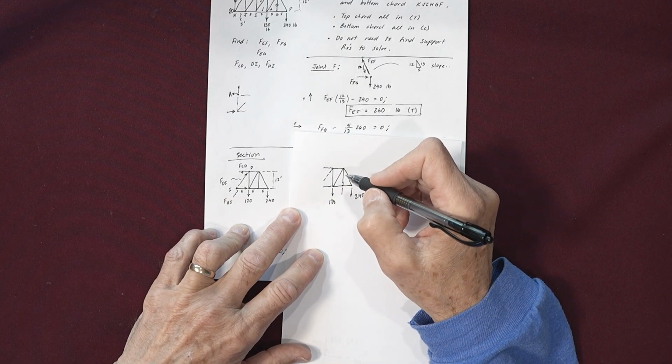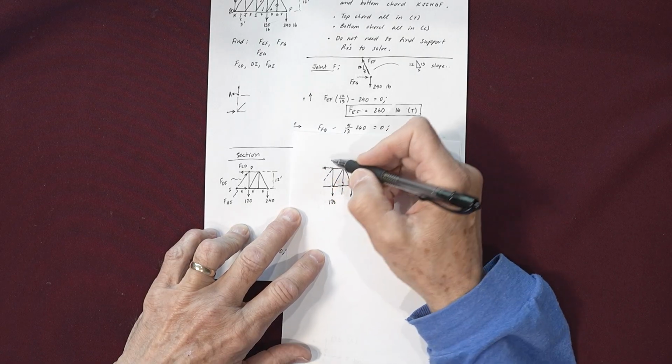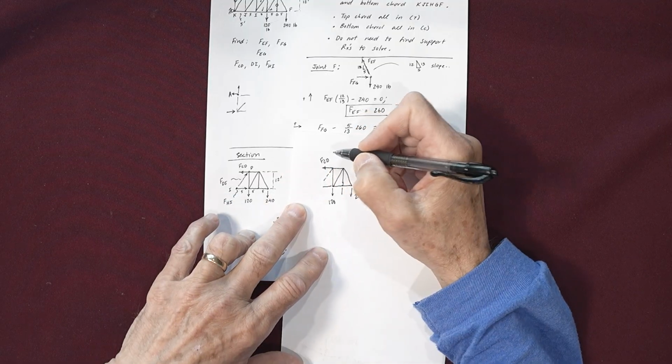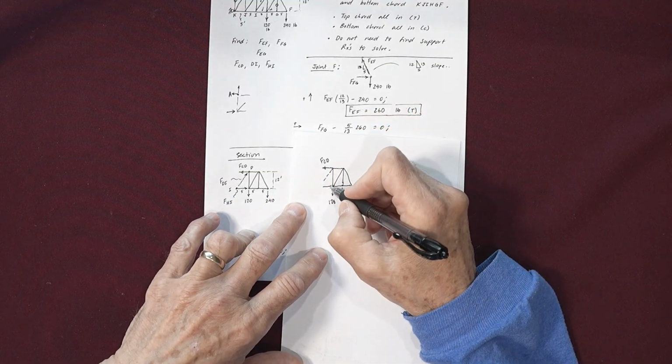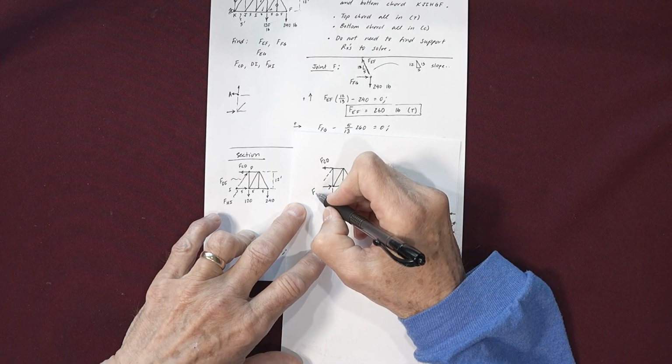Okay, so we already decided that the top chord is in tension, so I'll draw him pulling, and that's FCD. We decided that the bottom chord is in compression, so I'll draw him pushing, which is FHI.